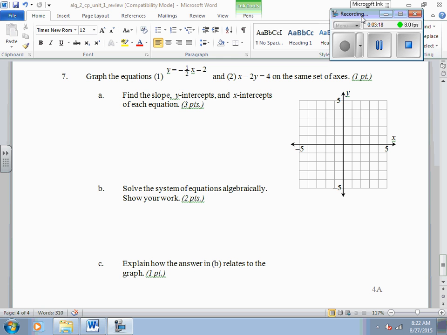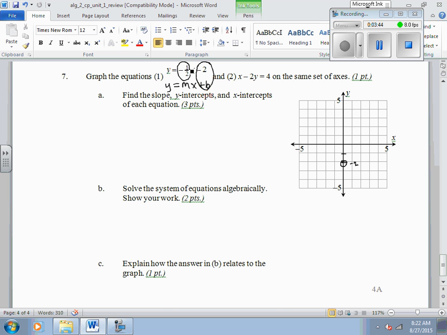You can either type them in the graphing calculator, or if you remember, slope-intercept form says y equals mx plus b. The y-intercept is negative 2. So go to the negative 2 on the y-axis. That's right there. And then the slope is negative 1 over 2.